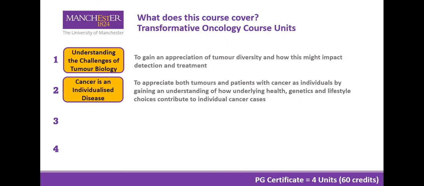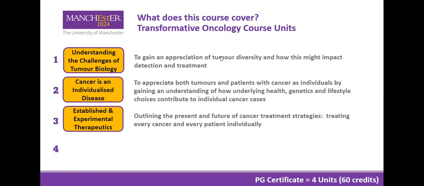So this is about appreciating that both tumours and patients with cancers are individuals, and gaining an understanding of how underlying health, genetics and lifestyle choices can contribute to individual cancer cases, risk, responses to treatments, etc. In the third unit, we start to look at both established and experimental therapeutics, outlining both the present and future cancer treatment strategies. So moving towards treating every cancer and every patient individually.